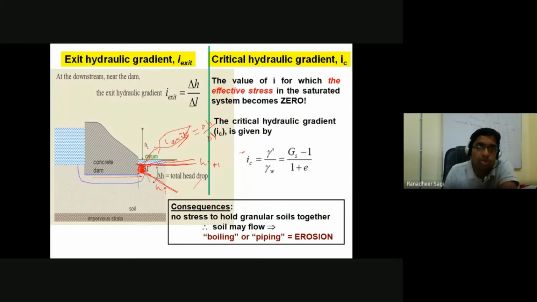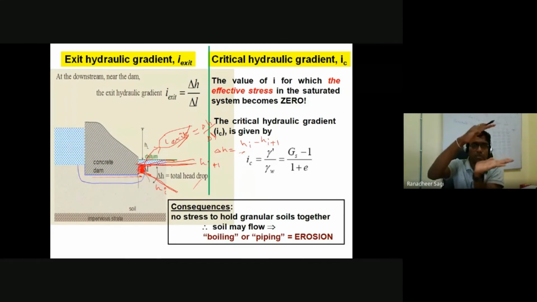So what is my total head loss corresponding to that exit element? It's nothing but the total head available at the entry of that element minus the total head available at the exit of that element. So it is the total head corresponding to the equipotential line at the entry of the element minus the total head corresponding to the equipotential line at the exit of your soil element.